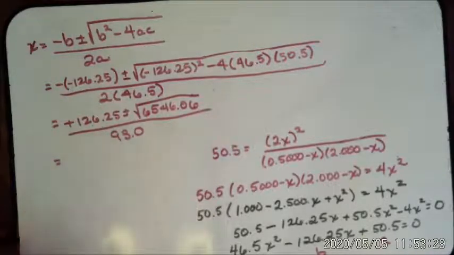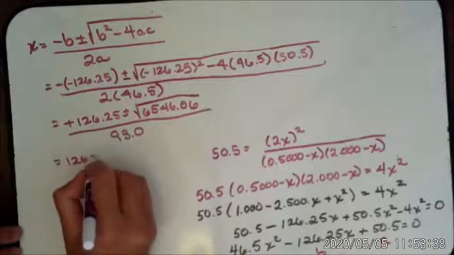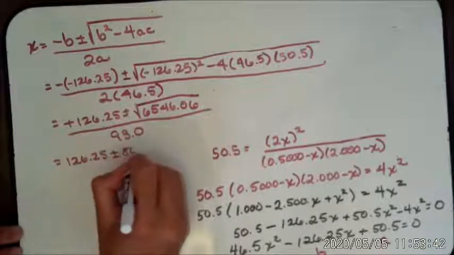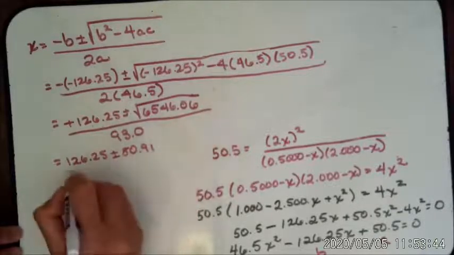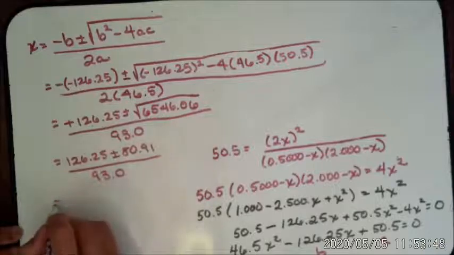Okay, so let's just go ahead and continue to solve this. Take the square root of that, 126.25 plus or minus 80.91 divided by 93. So we're going to have two solutions, right?